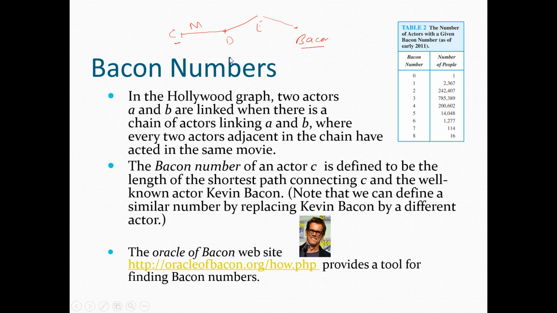This is the list given in Table 2 in the book of Bacon numbers and the number of people. So how many people are there having each Bacon number? This study was made in 2011, quite an old study.